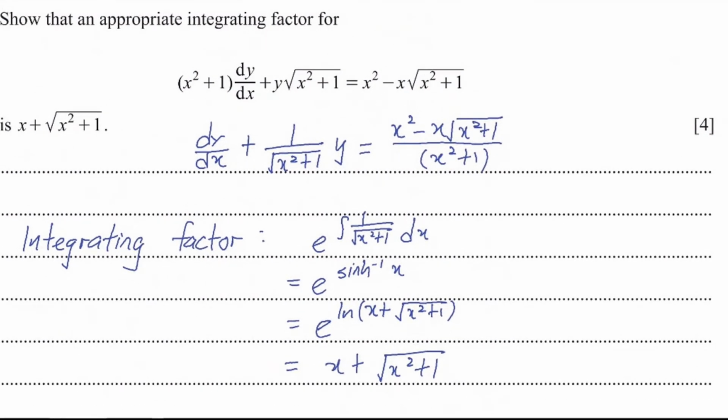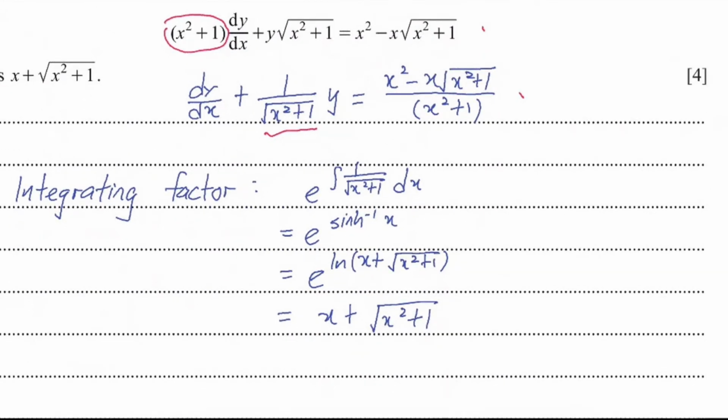The first thing we always have to do is divide by something so that the dy dx only has the coefficient 1. The dy dx is having x squared plus 1, so we need to divide the whole equation by the x squared plus 1 there. You can see the second term here, the coefficient of the y is this one. So this gives us the integrating factor.